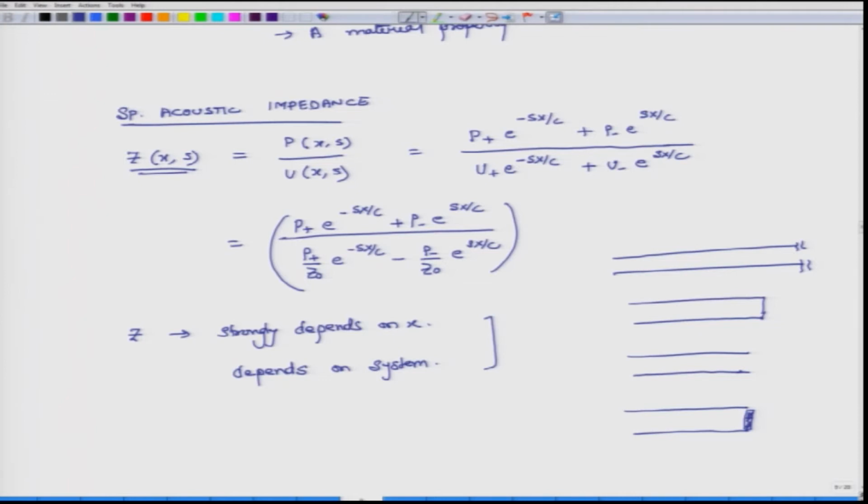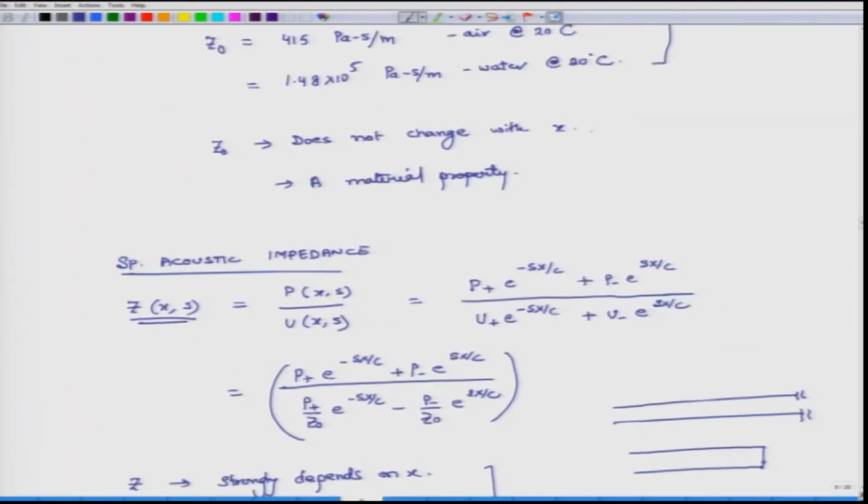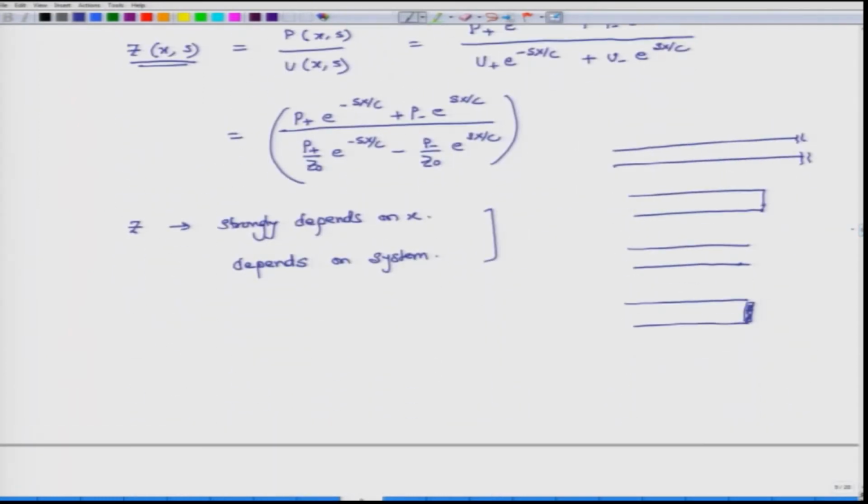The second thing is that Z naught is a product of rho naught and c, so it is a purely real number, because rho naught is real and c is real, but Z, which is expressed as this complex entity, is a complex function.